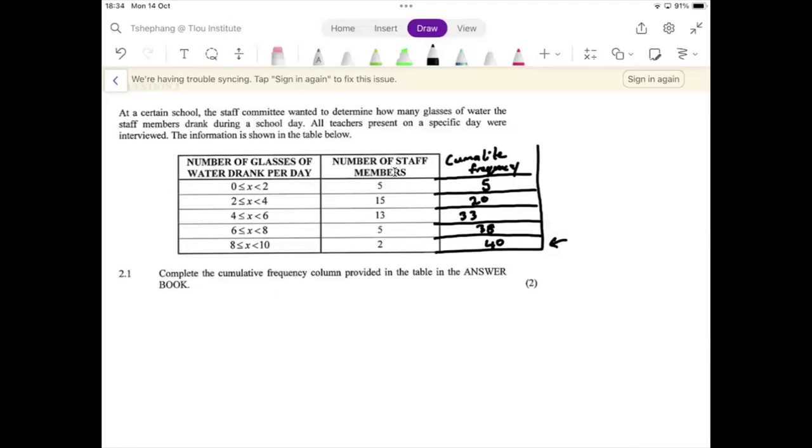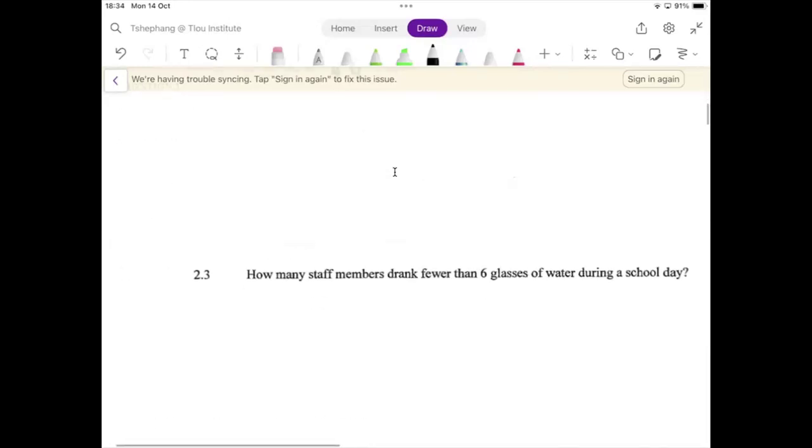We're looking at this row because we're not including the 6, so it is less than 6. Then we just have to count the cumulative frequency of this row. So our answer is simply going to be 33. Hope we're all clear there.